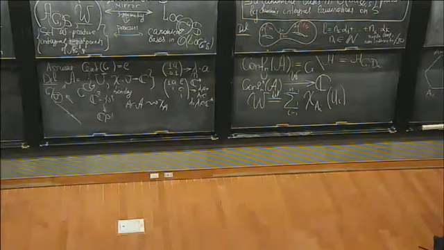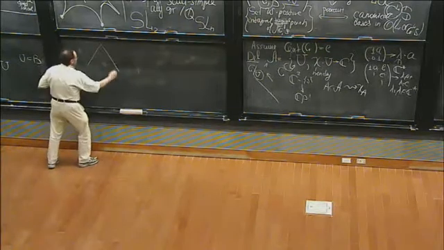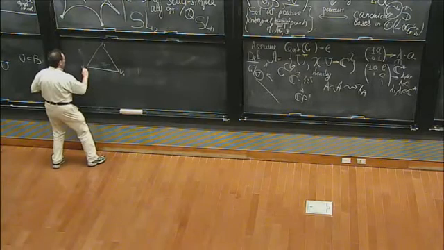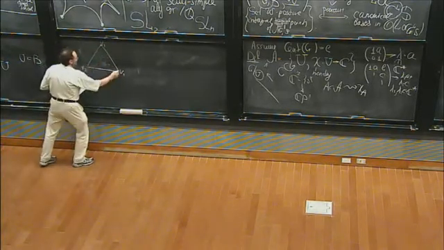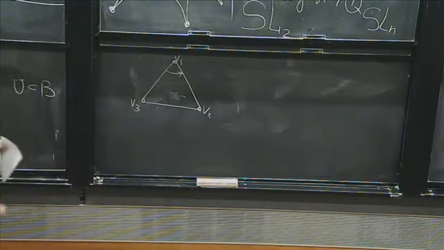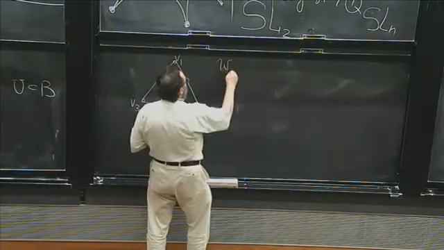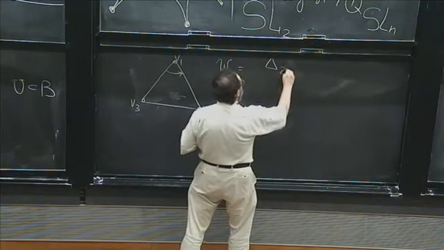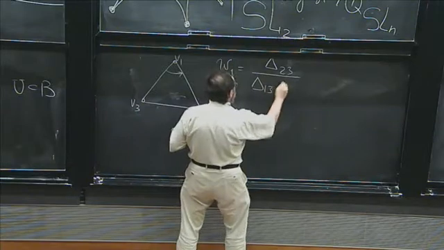SL2. So let's suppose that we have a configuration of 3 vectors in a 2-dimensional vector space, V1, V2, and V3. Then the potential, as always, is the sum of contributions at the vertices. So I just need to tell you how to calculate, in this case, the potential here. And the answer is that this W1 is just delta 2,3 divided by delta 1,3 times delta 1,2.